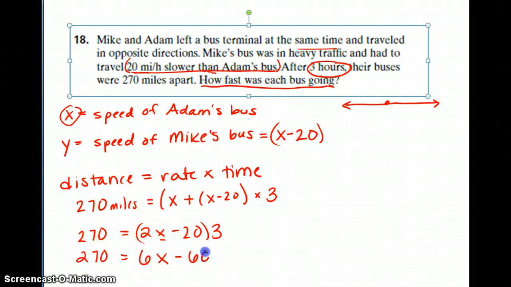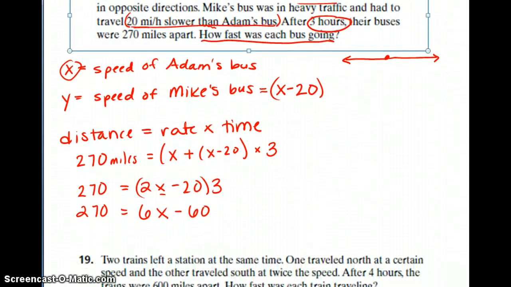Don't forget to distribute to both numbers, if you remember on your quiz. So this would be 270 equals, or subtract that, excuse me. So add 60 to both sides. So you have 330 equals 6x.